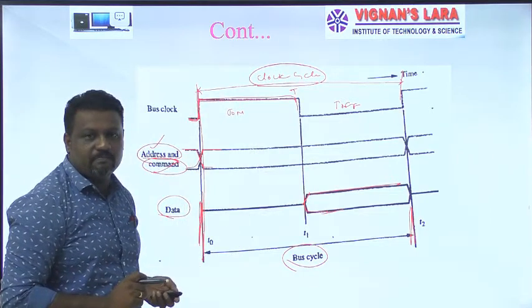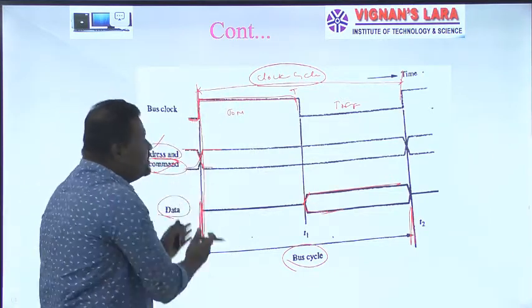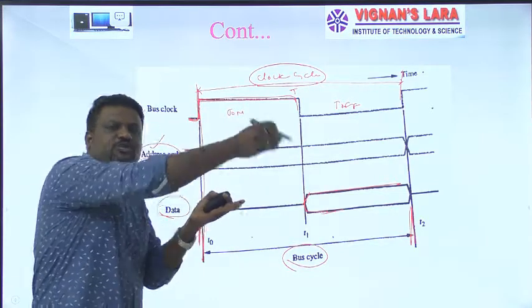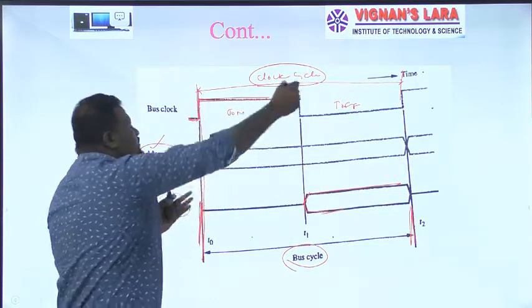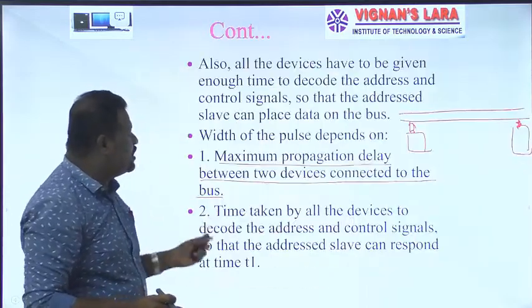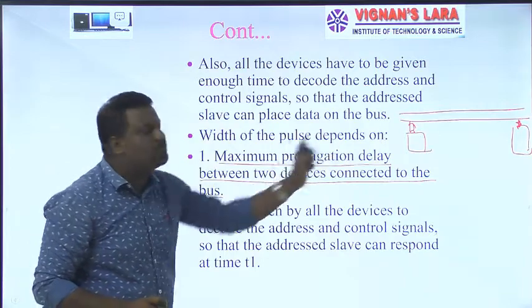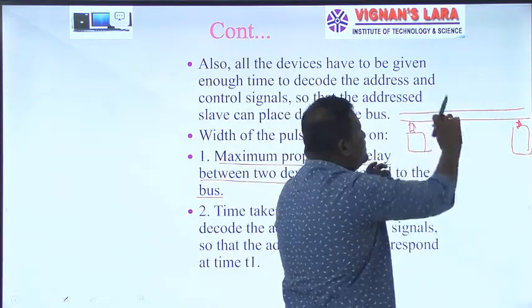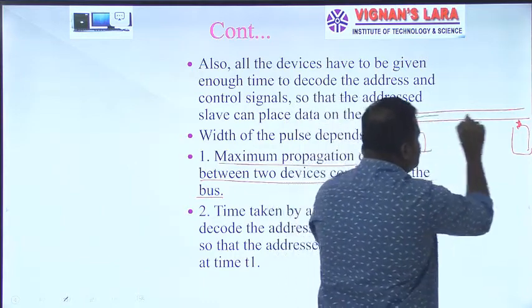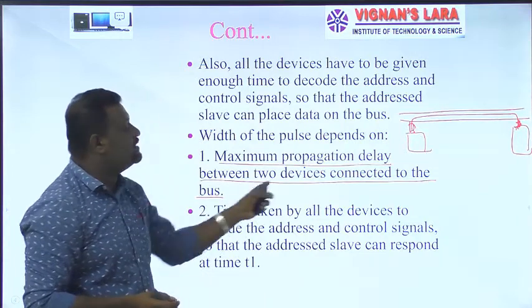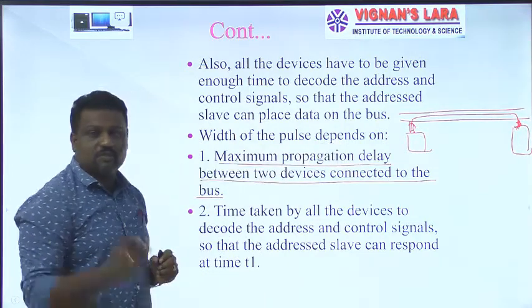These devices transfer information from one device to another, and they take this bus clock as the reference. This bus clock width depends on one of the parameters, the maximum propagation delay. What is the delay that can be taken care of by this bus to transfer information from this end to this end? So that is the propagation delay between the devices connected to the bus.